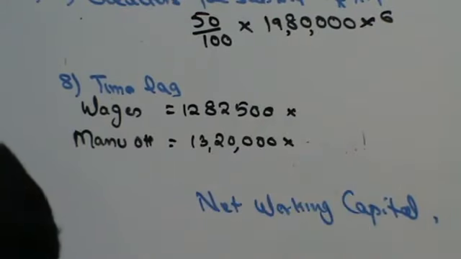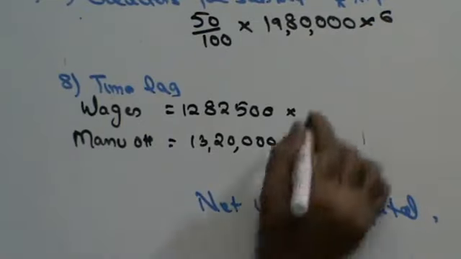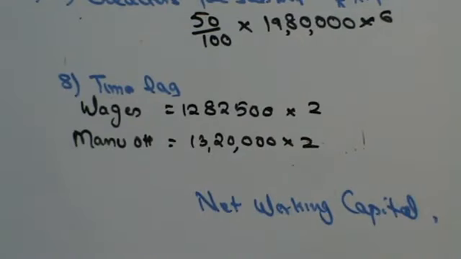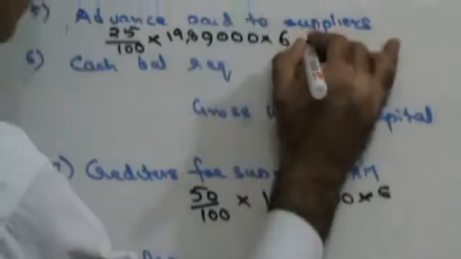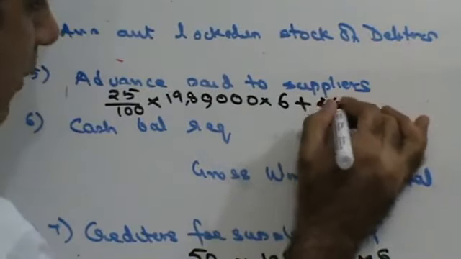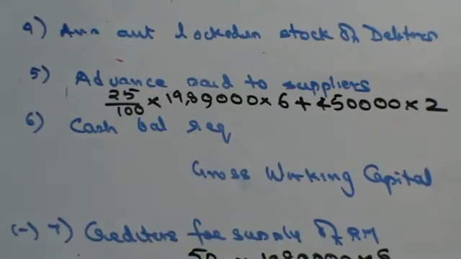They remain outstanding for 2 weeks. So into 2. Whereas administration and selling overheads are paid 2 weeks in advance. So to this advance you will also add administrative overheads of 4,50,000 into 2 weeks in advance.